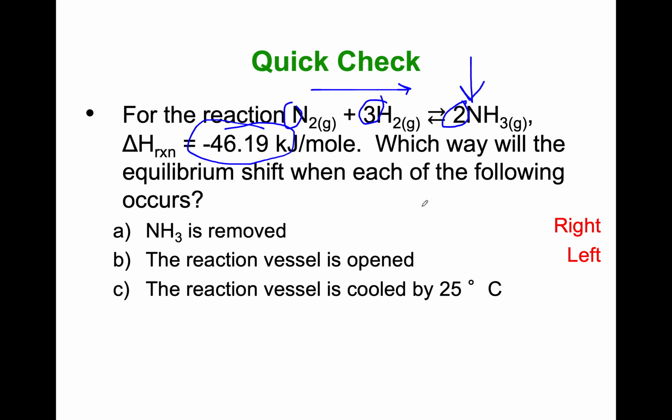Volume increase goes to the greater moles of gas. And exothermic, negative 46, you can see here, if it's exothermic, it is releasing heat, and again it's cooling it. So if it's exothermic, you're taking the heat down, decreasing the heat, and that shifts to the right as well.